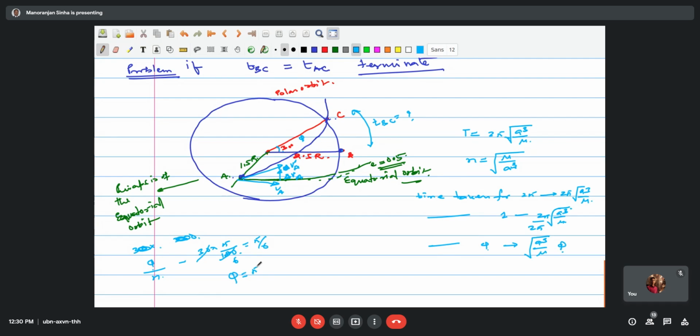So inserting it here, the time t BC becomes this, and this time must be matched by the time taken in the transfer orbit from A to C.